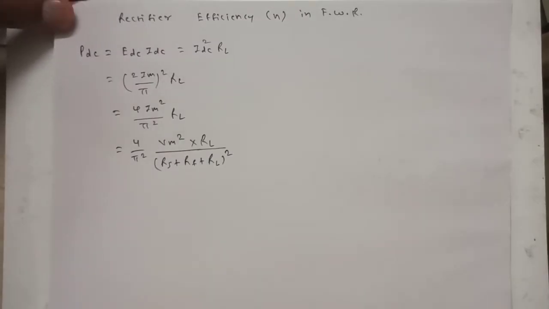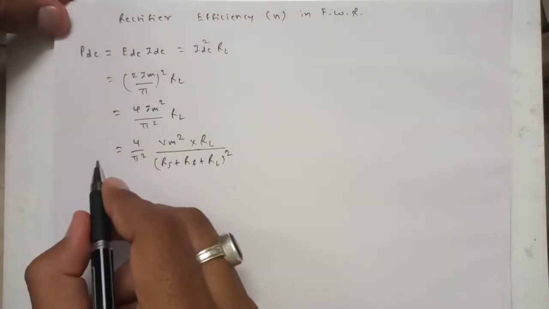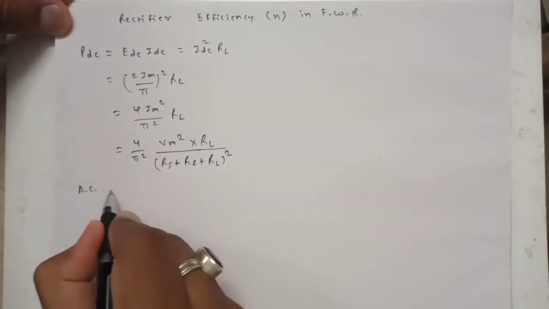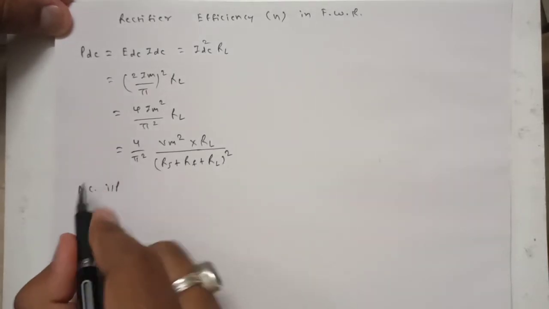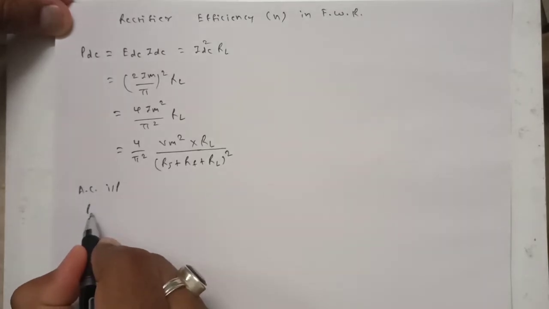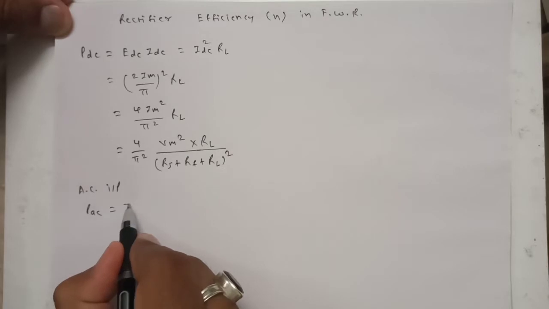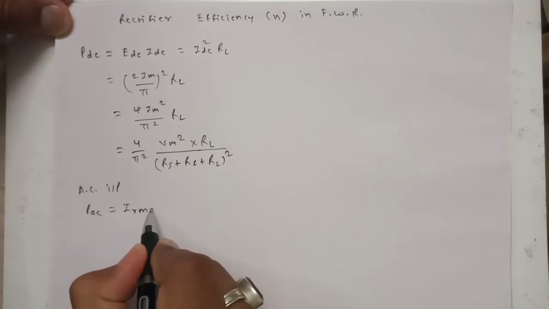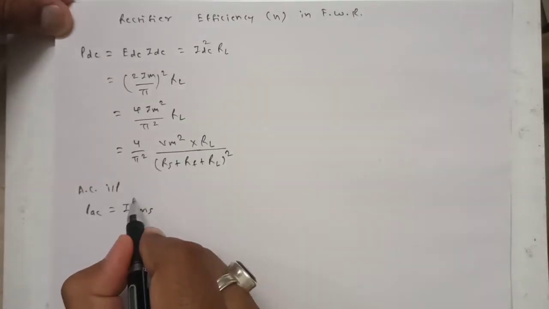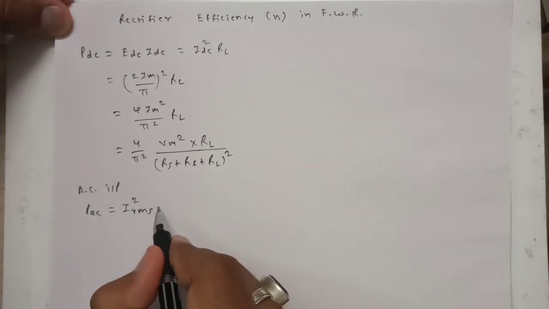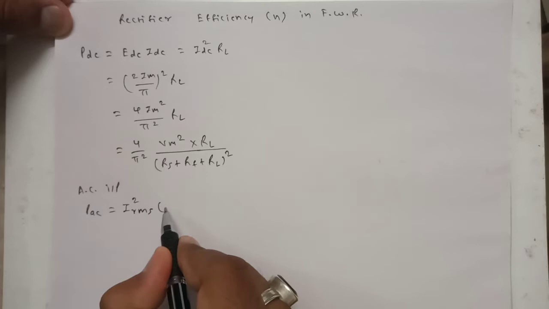Similarly, we are interested in getting the equation for the AC input which we are applying. PAC is equal to, whenever we talk about AC, we use the equation of current as IRMS. So it is I square into R. Now what is R here?